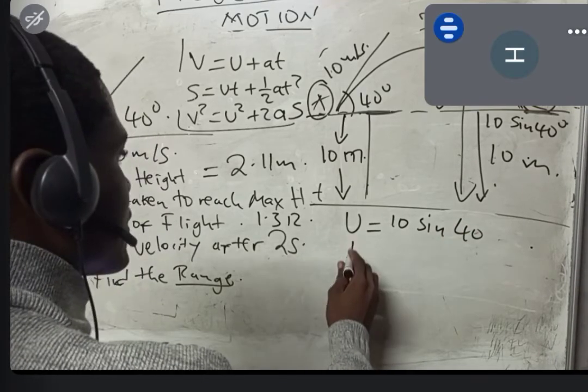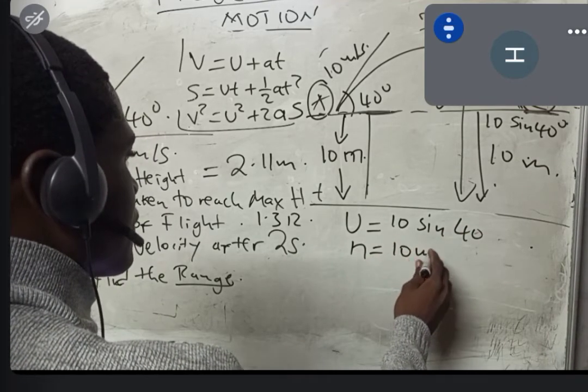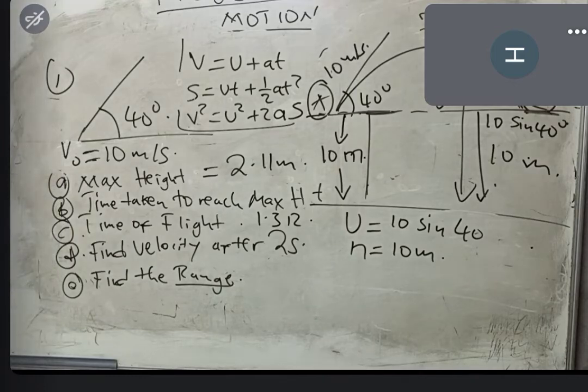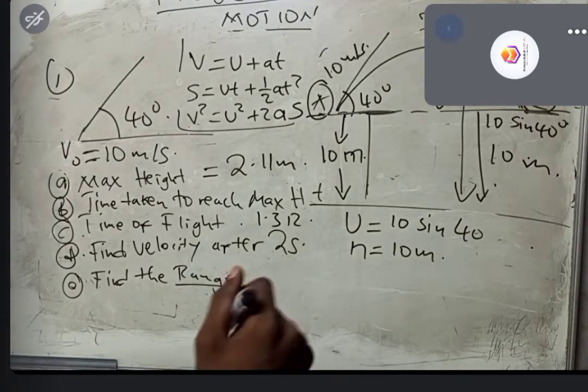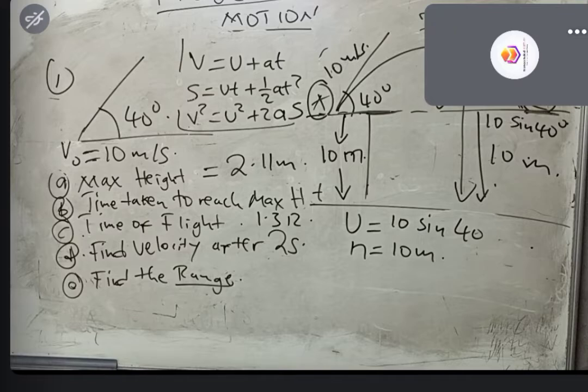Then the height, ignore the sign for now. So you have your initial velocity at C. You also have the height going down. So now, what do you want to do? You want to find the time it is going to take to reach down, right? That's your goal. Which formula can you use?